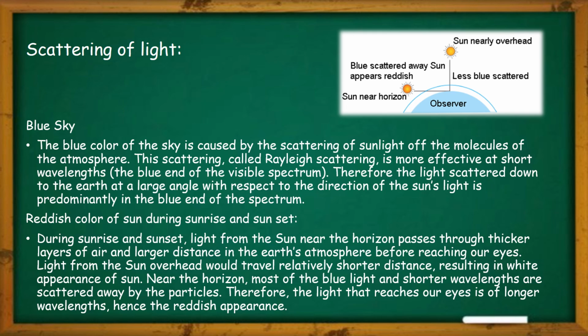The light from the sun when it is overhead travels a relatively shorter distance, resulting in the white appearance of the sun. Near the horizon, most of the blue light and the shorter wavelengths are scattered away by the particles. Therefore, the light that reaches our eye is of longer wavelengths. Hence, the reddish appearance of the sun is visible to us.